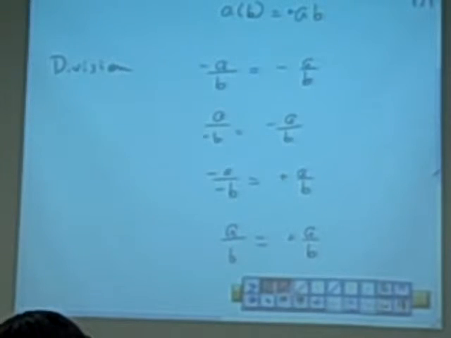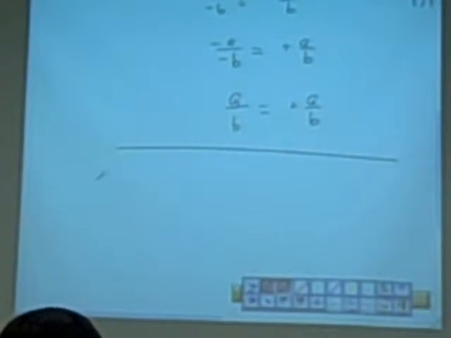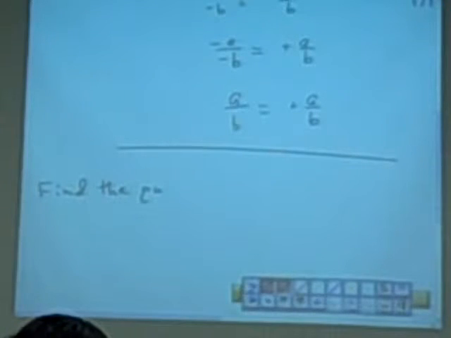So in this next problem, find the quotient of 100 and a negative 20.